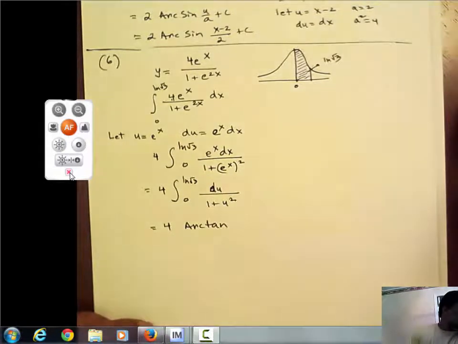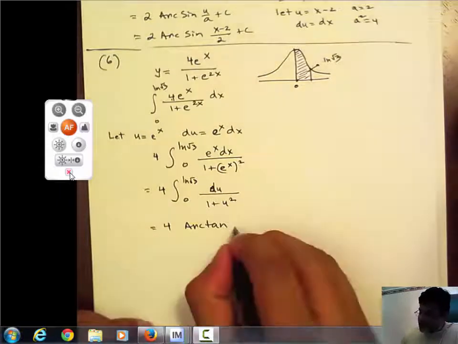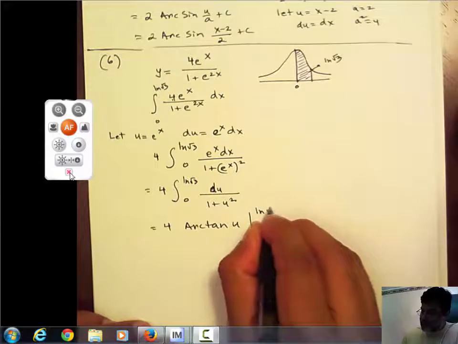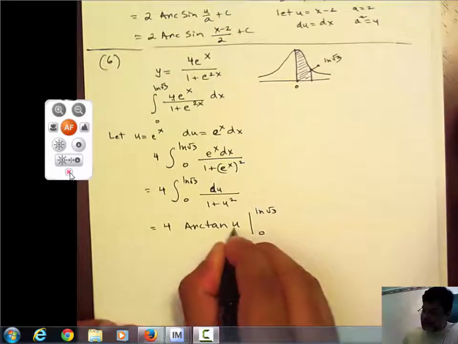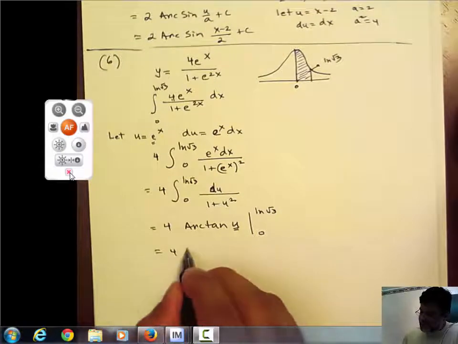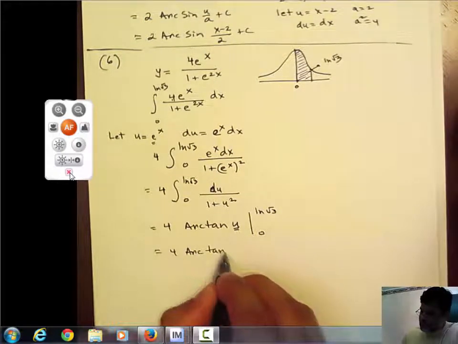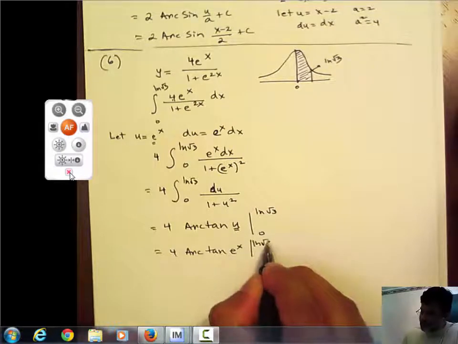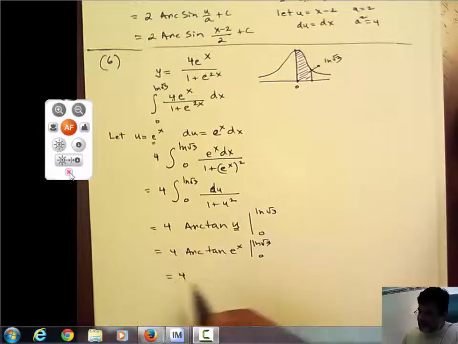It's arctan u from here to here, and we know u is e to the x. From ln of square root of 3 to 0. Plug in the values.